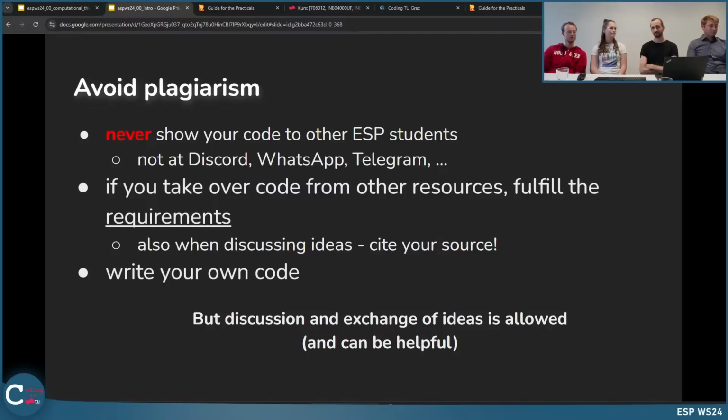At the end of the semester, we have a program that compares every source code of every student against every other. You can try to trick it, but it's not that easy. You can maybe rename variable names, you can change the structure a bit, but this program will detect it if you have copied it.